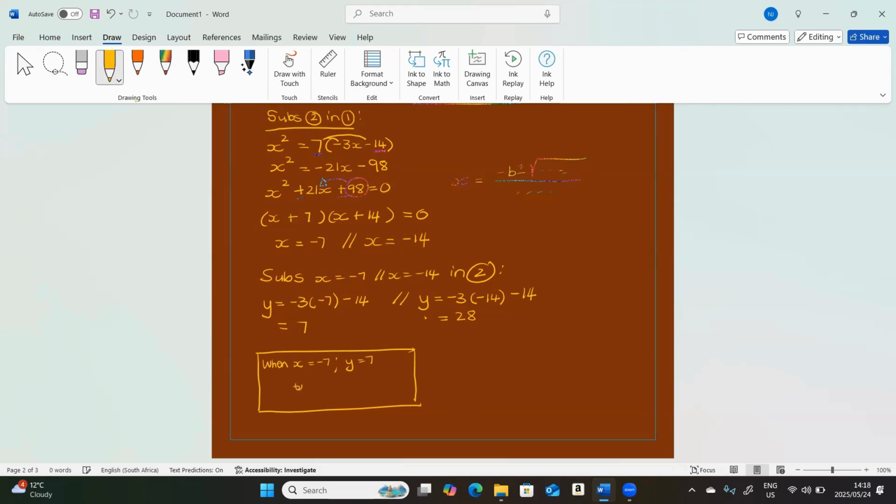And when x equals -14, then y equals 28. Okay, and then that is your final answer for this specific question. And when we see this and your x and y values are correct, you will get your marks.